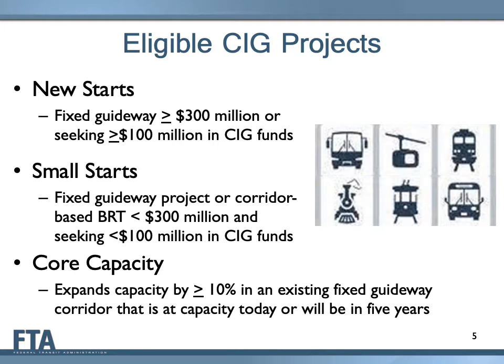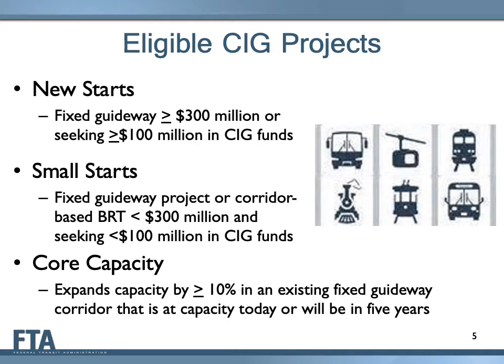There are 3 types of eligible projects under the CIG program: New Starts, Small Starts, and Core Capacity. The 3 project types are briefly described on this slide. New Starts projects are new fixed guideway projects or extensions to existing fixed guideway systems. New Starts projects have a total estimated capital cost greater than $300 million or are seeking $100 million or more in CIG program funds.